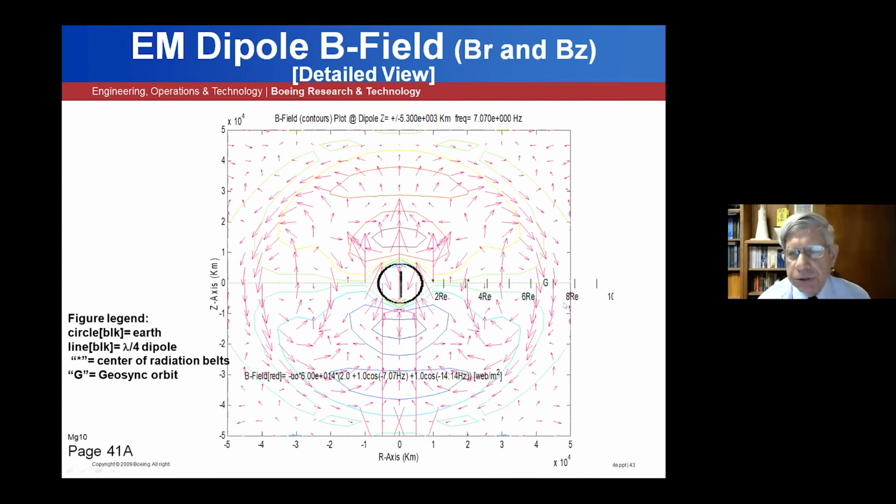Primary one, of course, is the 7 hertz. And then you got your potential lines. This is your DC magnetic field. And then you get your AC term around there. And you get a big, strong field up and down, which is your DC term, which is what your compasses track.